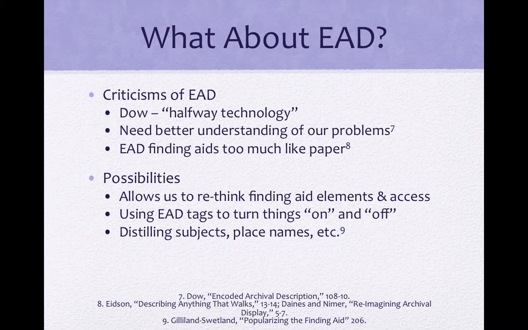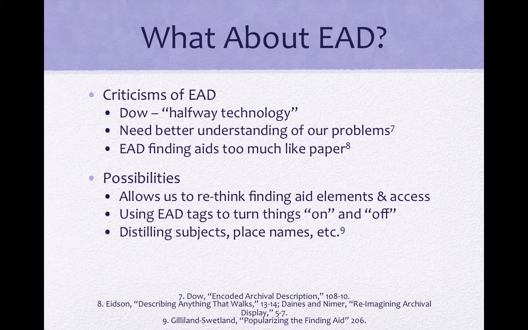So, some possibilities. Thinking about our finding aids in terms of EAD allows us to rethink about the different types of elements that we have in our finding aids and access points and how we can kind of manipulate that to our advantage and really our users' advantage and increase access that way.